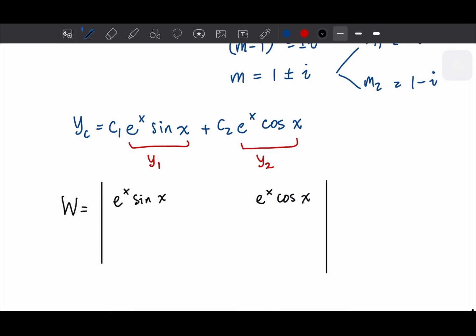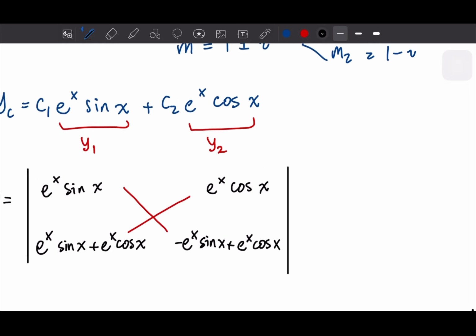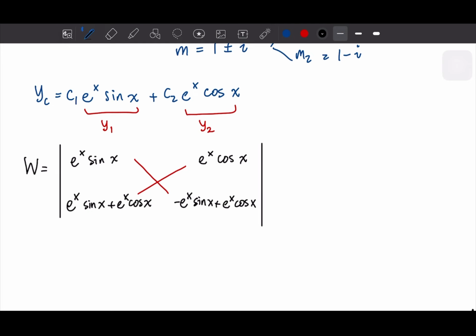This is e^x sine x plus e^x cos x, and this will be negative e^x sine x plus e^x cos x. Then take the determinant, cross multiply, and subtract.